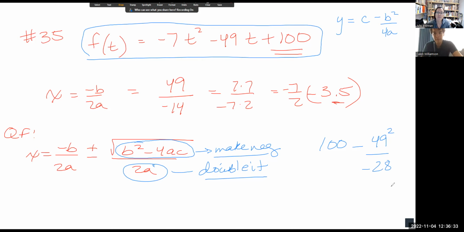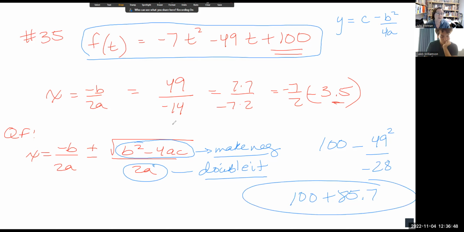Yeah. Okay. This is going to end up being 100 plus my 85.7. I'm going to get the same number, 185.7. It's a little bit easier than finding the x value and then plugging it in, okay? So it's kind of a nice thing to know.